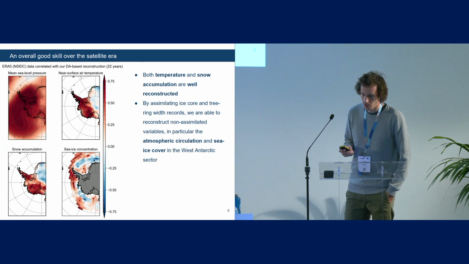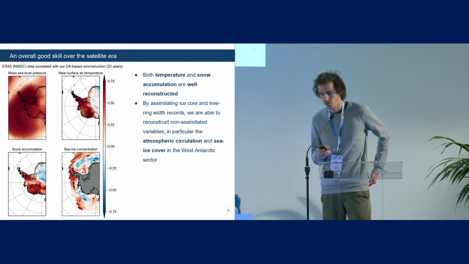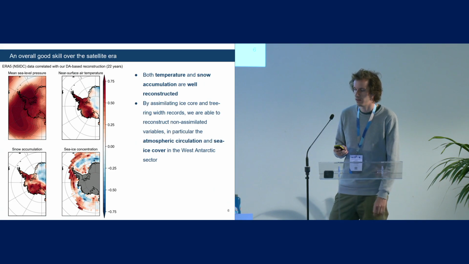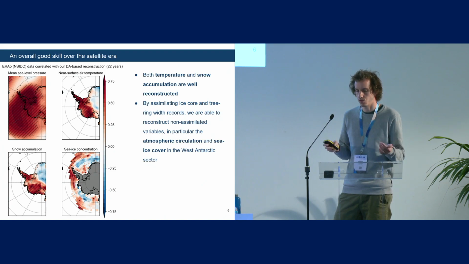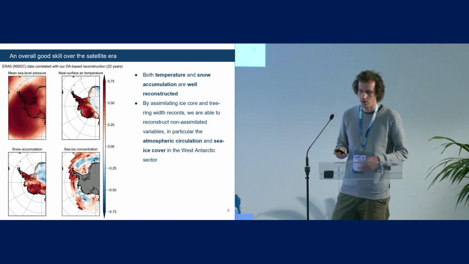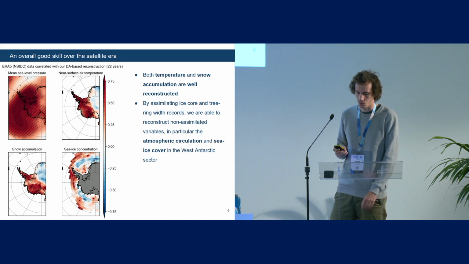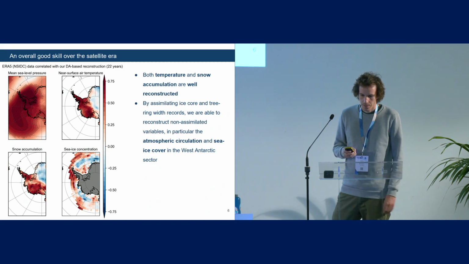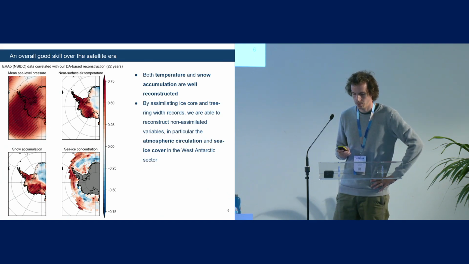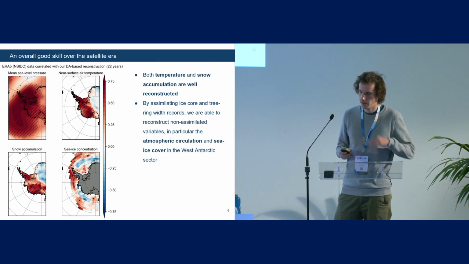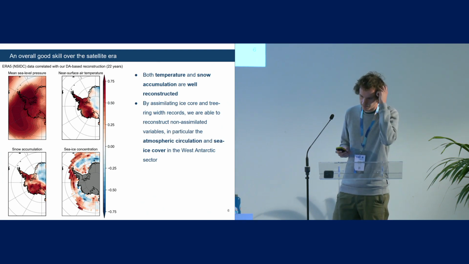So here I show the skill of our reconstruction over the instrumental era. Because paleoclimate records don't extend after 2000, we have a very short validation period, only 22 years. Here is the correlation coefficient for the mean sea level pressure, the temperature, snow accumulation, and also the sea ice extent.